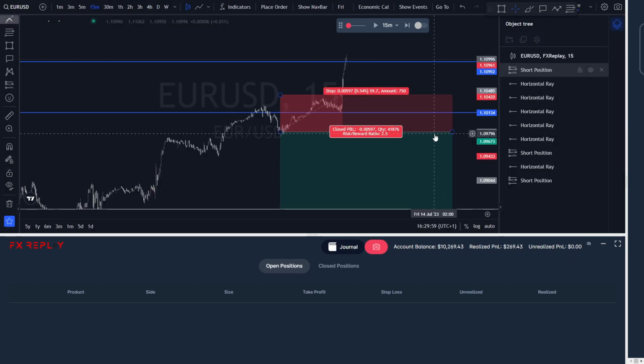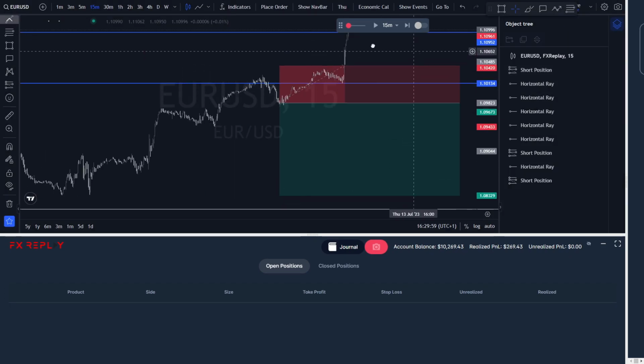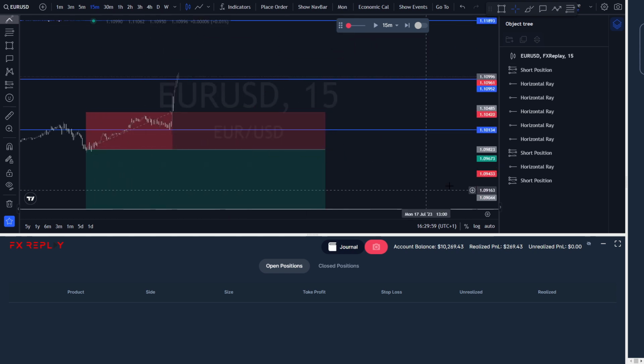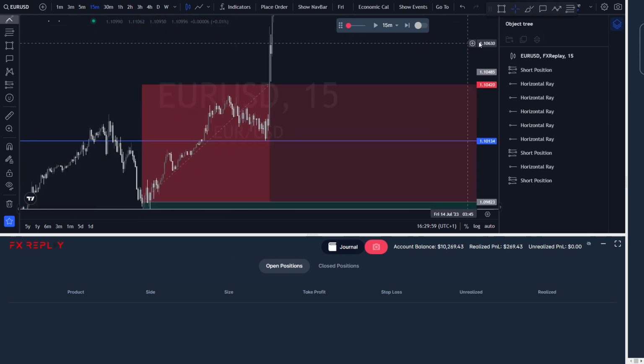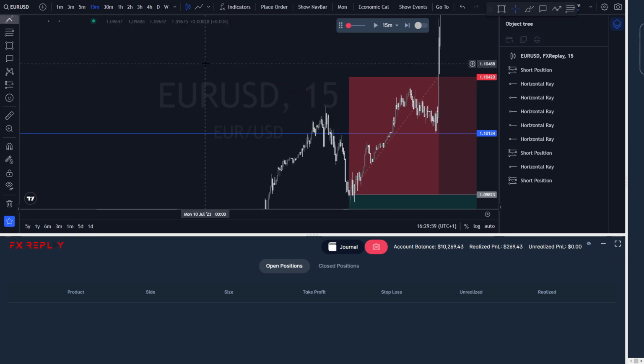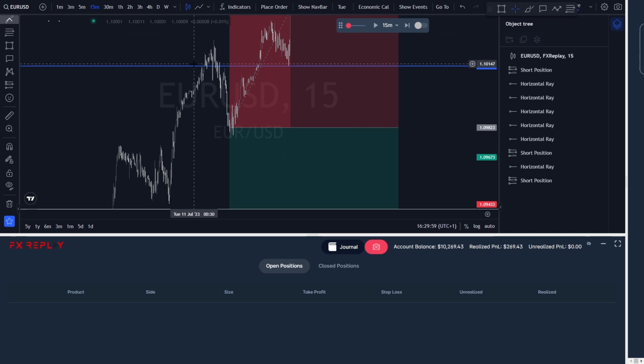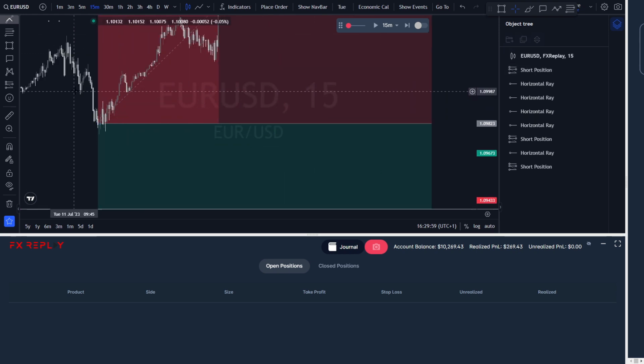Okay, so next trade was also a loss. I actually took 2 trades, so let's analyze it. What I saw right here was a liquidity sweep followed by a break of structure right here.